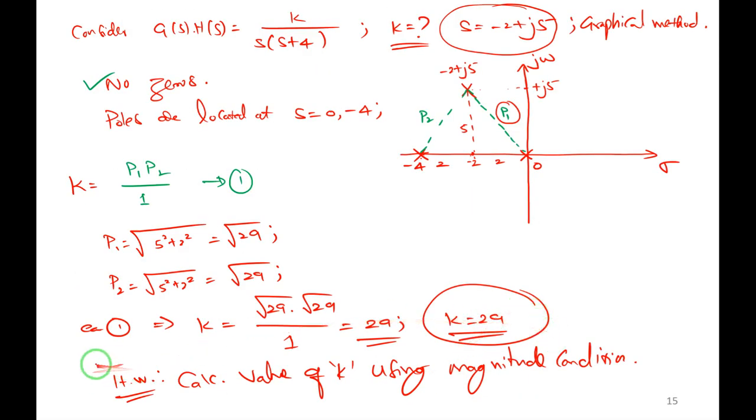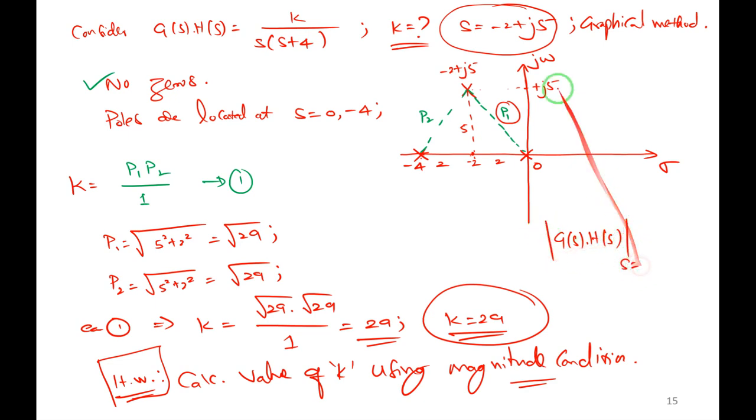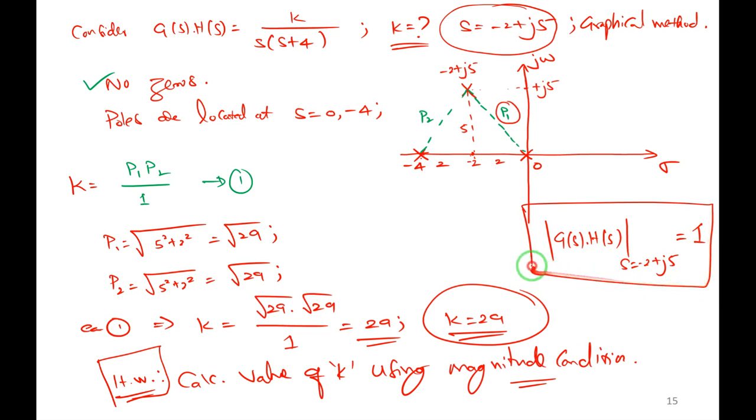So this is the homework for you people. Calculate the value of k using the magnitude condition. For the magnitude condition, I will write magnitude of g of s into h of s at the value of s equal to minus 2 plus j5 is equal to 1. This is the magnitude condition. Apply magnitude and equate it to 1. Substitute the value of s, and finally k value should be 29. Calculate it. This is homework for you people.